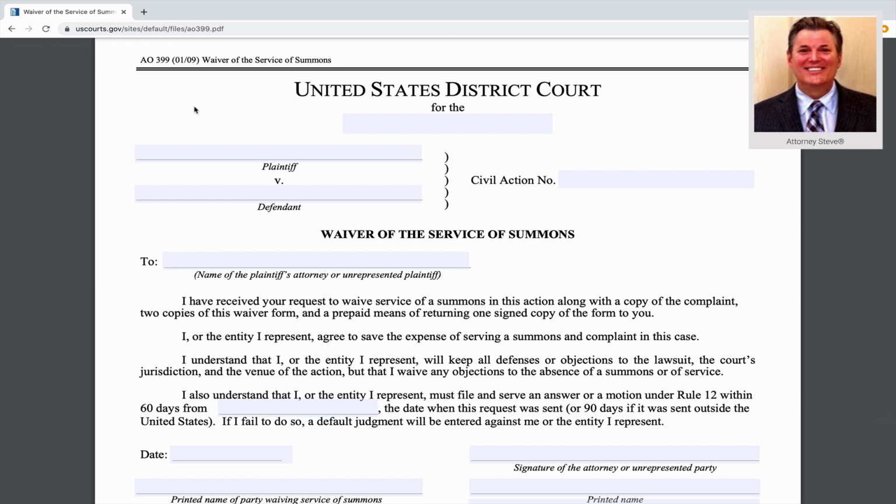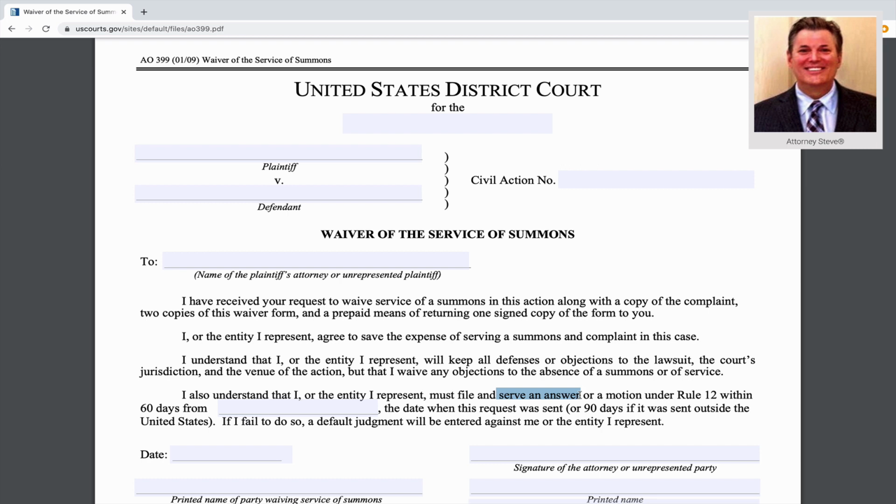And if they say, I don't know, or we're not quite sure, they'll usually say, will you accept a waiver of service of the summons? That's what this form is, U.S. Federal Court. 21 days to answer in federal court. That's the rule. You got 21 days to answer or respond. And as you can see here, serve an answer, which usually if you're going to file an answer, you will file an answer and affirmative defenses.